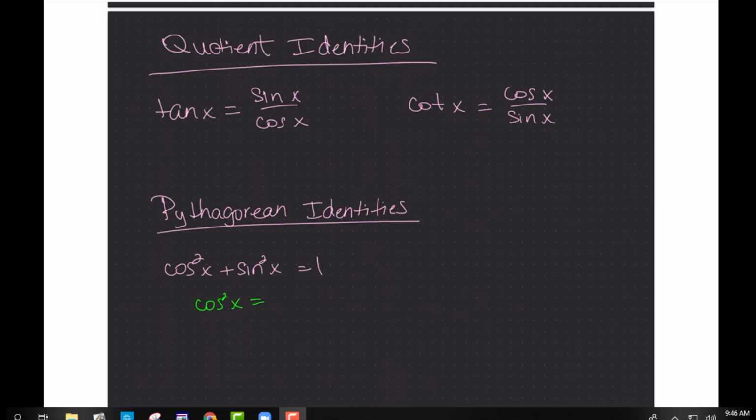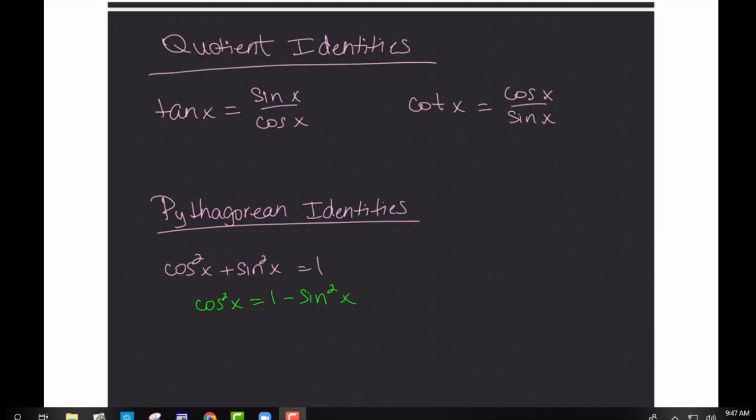My goal is not to take the square root, because I want it to stay squared. So I want to get rid of sine squared. How am I going to get rid of it? Subtract it from both sides, right? So I end up with 1 minus sine squared of x.